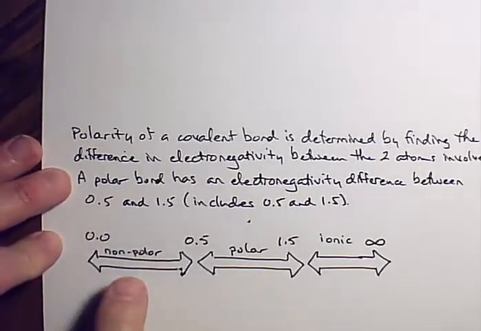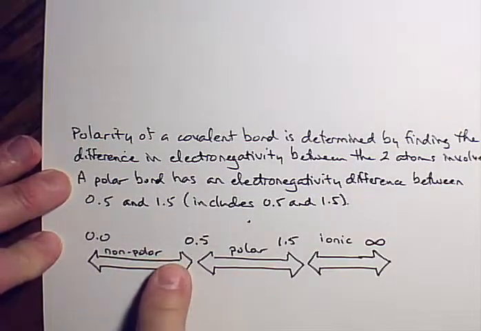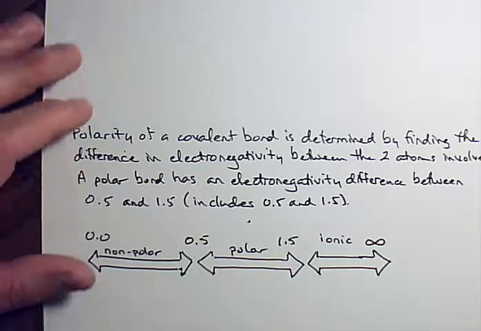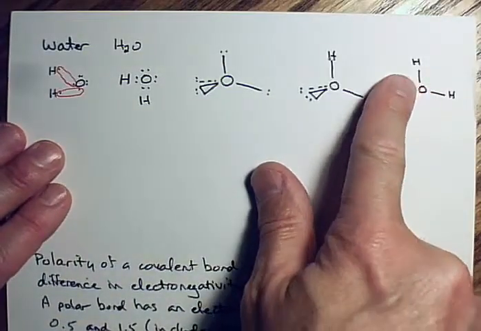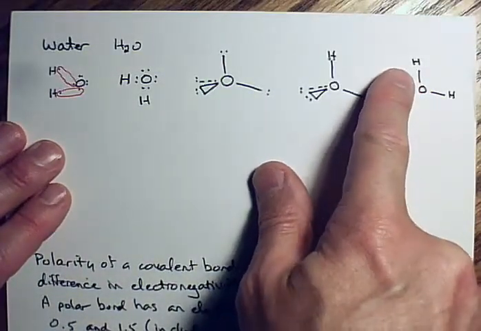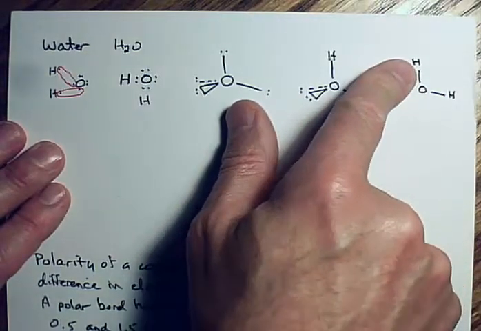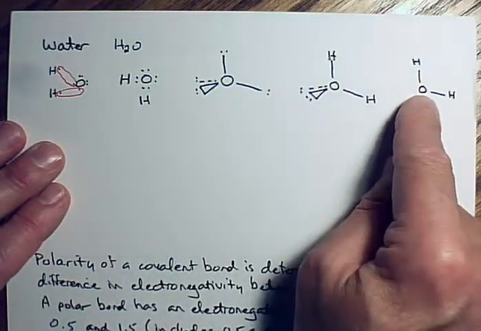And 1.34 fits in this range? Oh, no. Okay, so if it fits in this range, then what is it? It's polar. Okay? So we're just looking at one bond at a time. And what we found is that the bonds in a water molecule are polar. This bond is polar, that bond is polar.